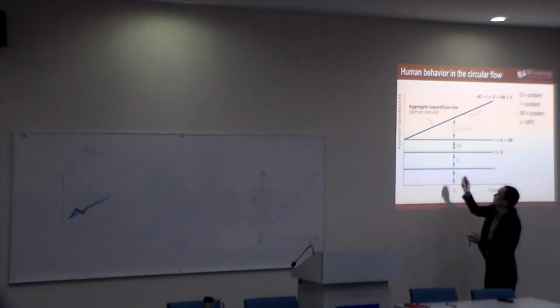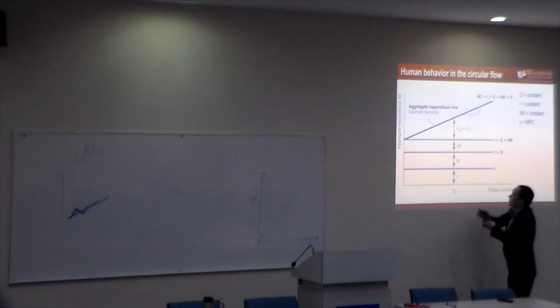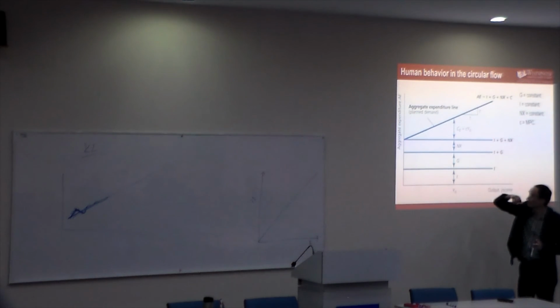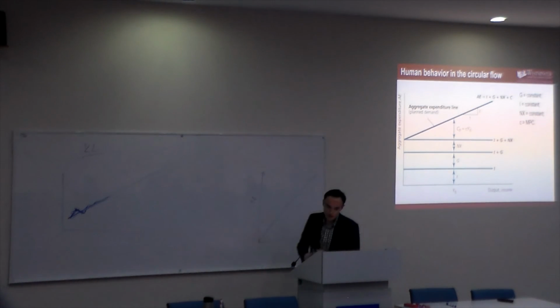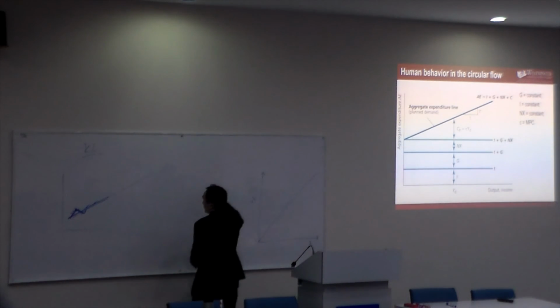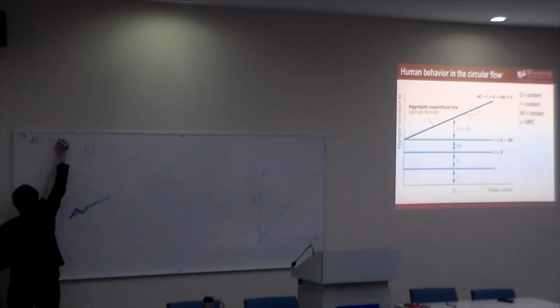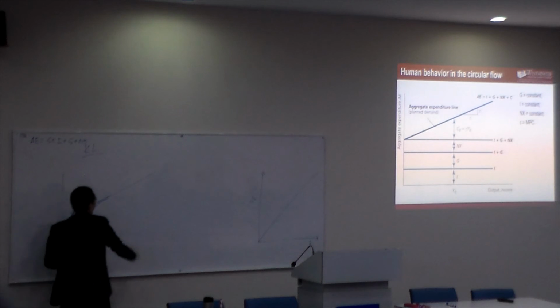And we have consumption, which is equal to marginal propensity to consume times output, right? Aggregate output, let's write down here. Aggregate expenditure. So now it's equal to consumption, investment, government spending, and then export.